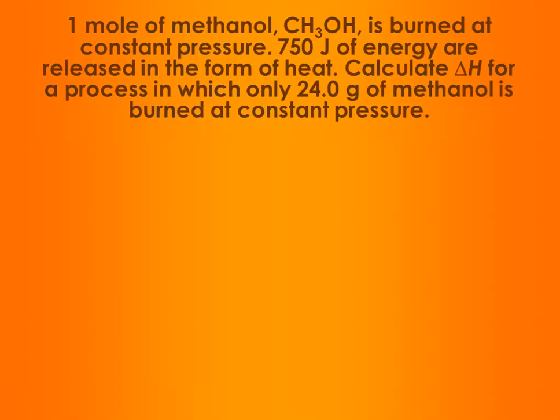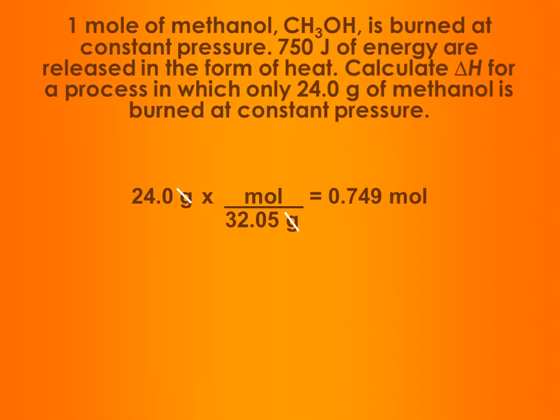That 750 joules of energy are released for every 1 mole. And we have the chemical formula for methanol, CH3OH. So we can take that 24 grams and convert it into moles using its molar mass, which would give me 0.749 moles.